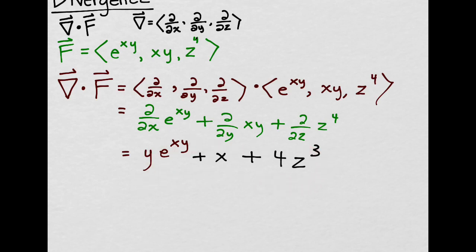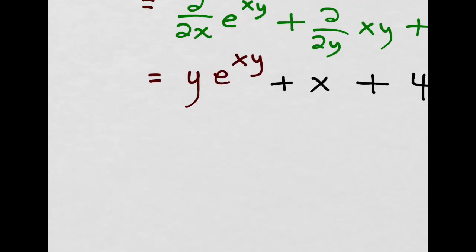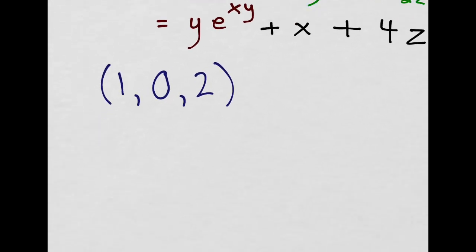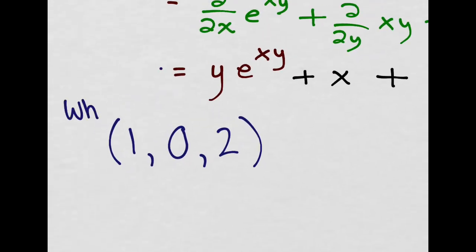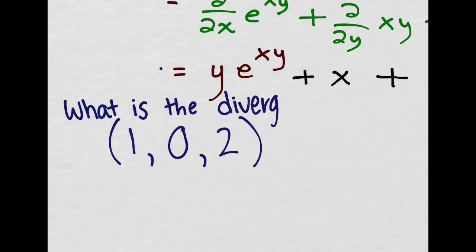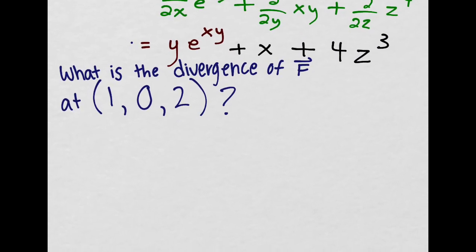So say we wanted to calculate the divergence of this vector field at the point 1, 0, 2. What is the divergence of F at 1, 0, 2?